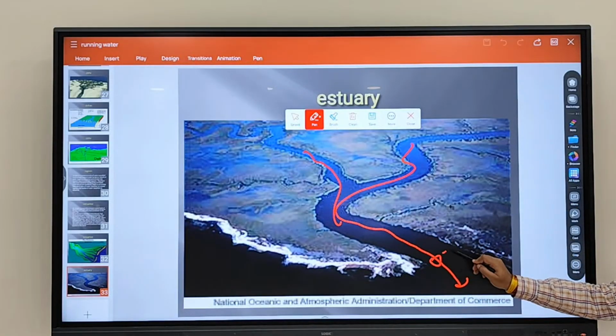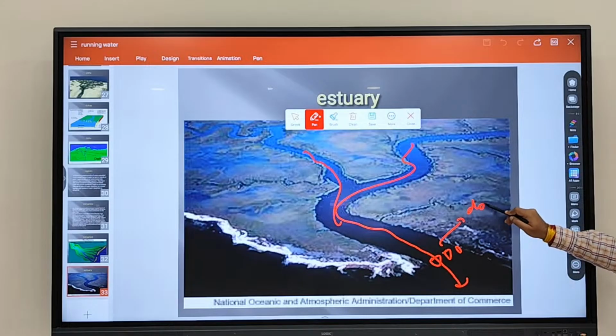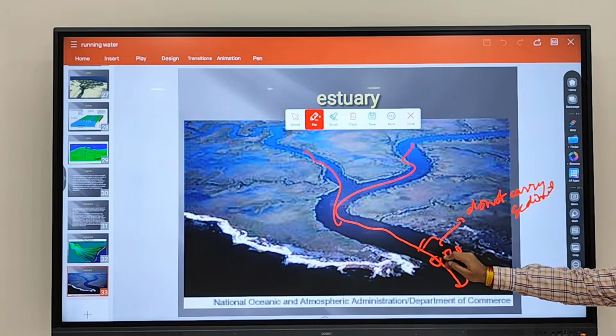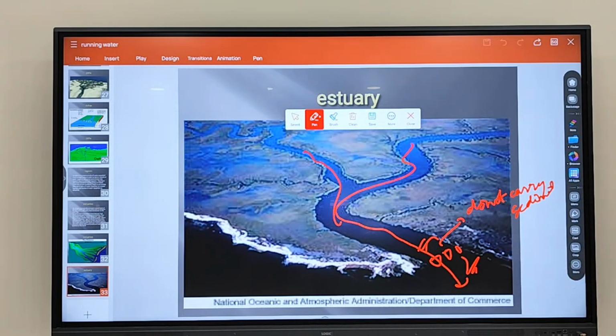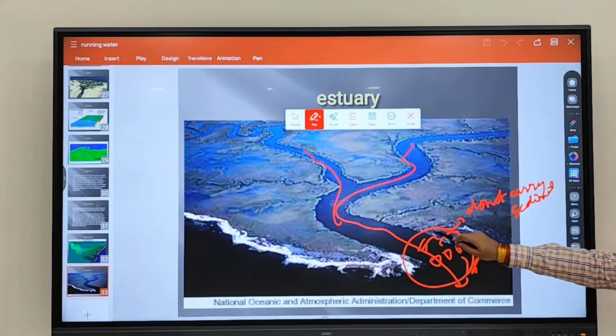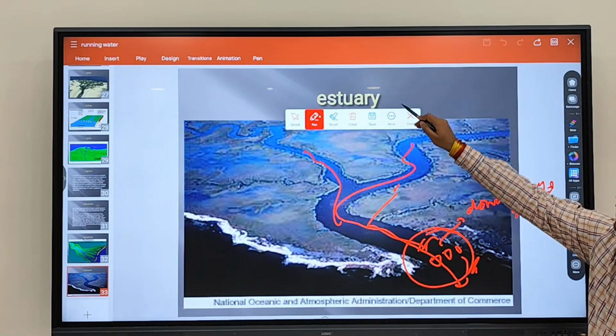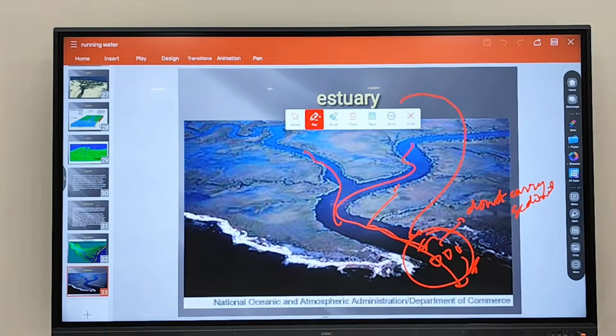No delta formation over here, no sediment deposition over here. So sometimes when the river does not carry sediments, what will happen? The river water will join the oceanic water in a simple manner, and this region is referred to as an estuary region.